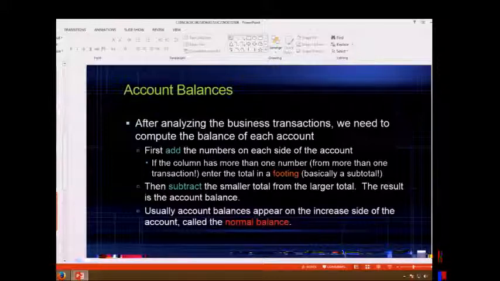So they've got 100,000 on the left, 17,000 on the right, and then you just subtract and you put the balance on the side that has the biggest total, okay? So they put $83,000 on the left, okay? Does everybody see that? They're just totaling both sides and then figuring out what the balance is, okay?